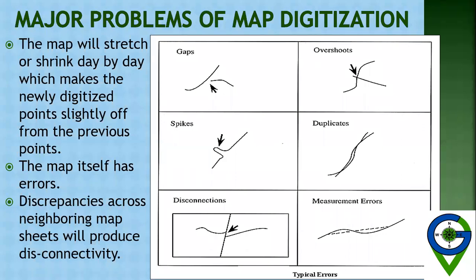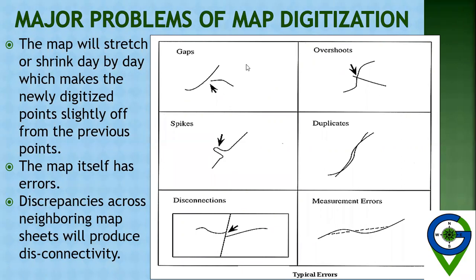Then major problems of map digitizing. The map will stretch or shrink day by day, which makes the new digitized point slightly off from the previous point. So the map itself has errors, and the discrepancies across neighboring map sheets will produce disconnectivity.